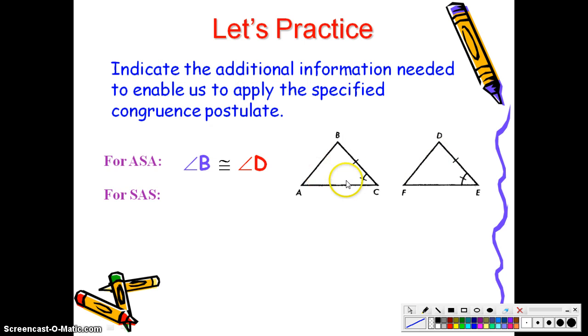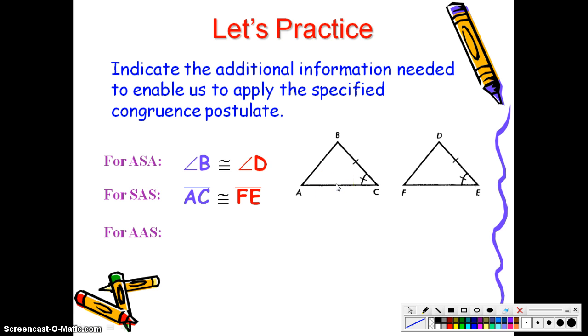For side, angle, side, well, I have a side. The angle has to be between my 2 sides, so the other side would have to be AC and FE. Okay, so in order to prove these congruent by side, angle, side, here would be my side, here would be my angle, my other side would have to be AC.